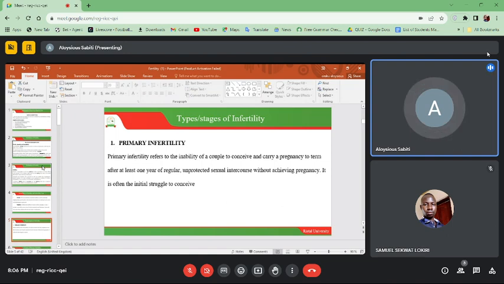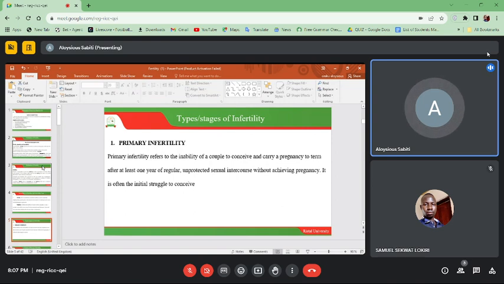So this is mainly what we call sterility, where an individual physically, in the physiology, is unable to carry a particular pregnancy. And most times the WHO gives a particular period where they can diagnose someone with infertility. And therefore, we're looking at a period of 1 year.